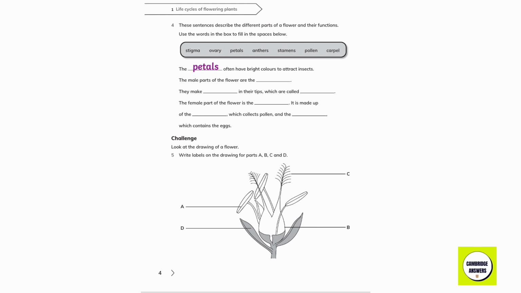The male parts of the flower are the stamens. They make pollen in their tips, which are called anthers. The female part of the flower is the carpel. It is made up of the stigma, which collects pollen, and the ovary, which contains the eggs.